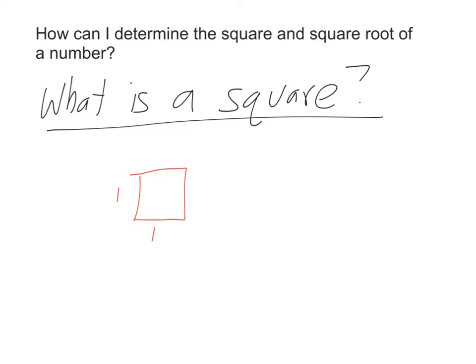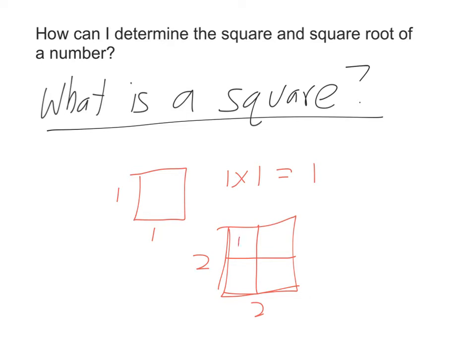For example, the area of this square would be 1 times 1, because it's length times width, and that would equal 1. Say I had a square that was 2 units here and 2 units here. So if I draw a line, I have 1, 2, and 1, 2. Now what is my area?